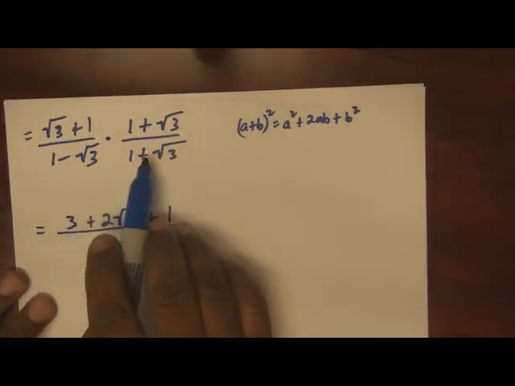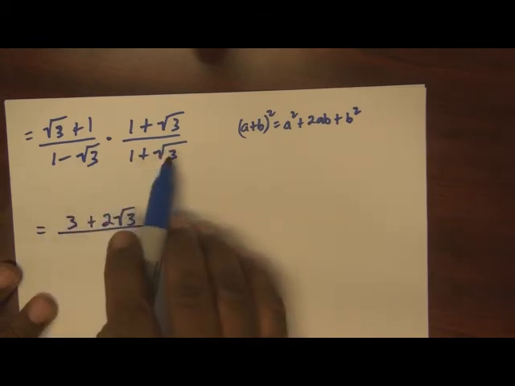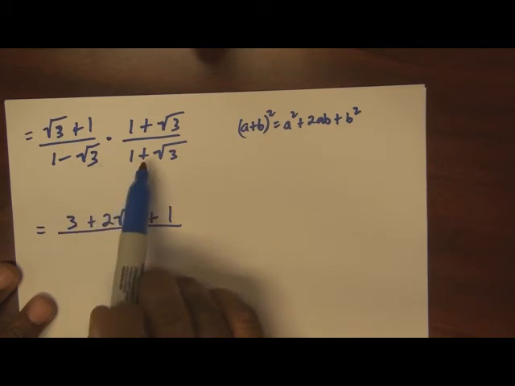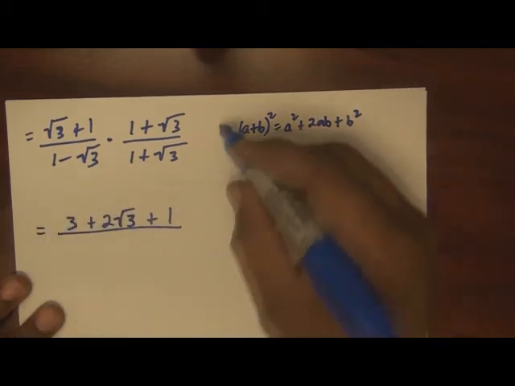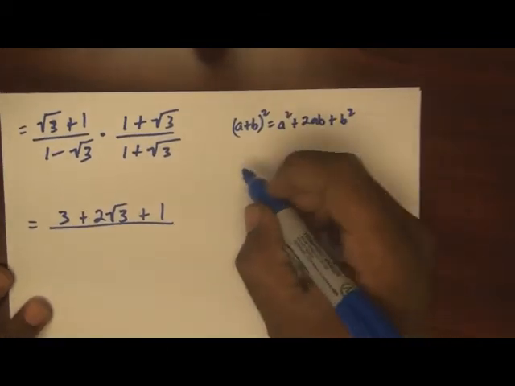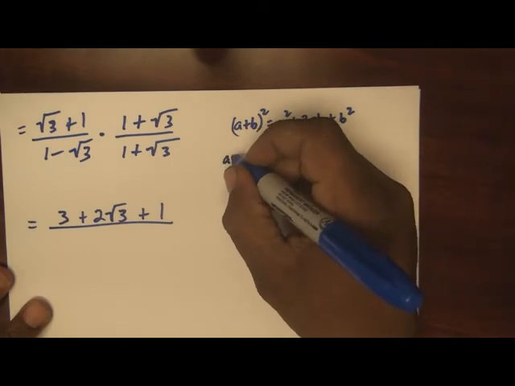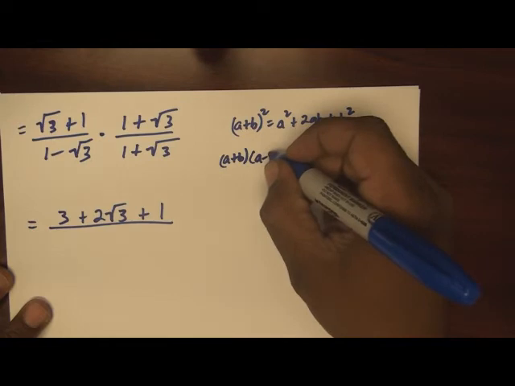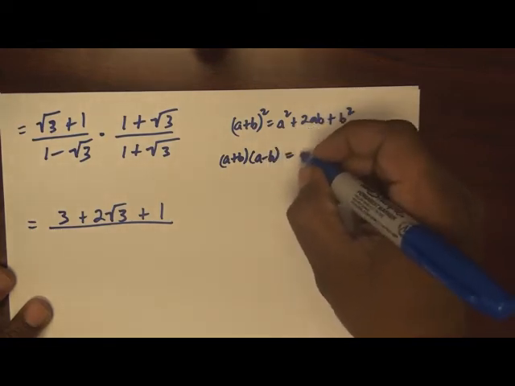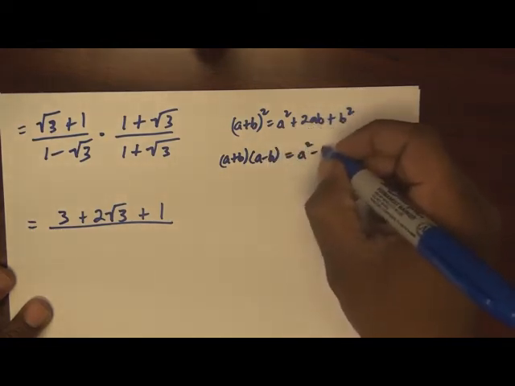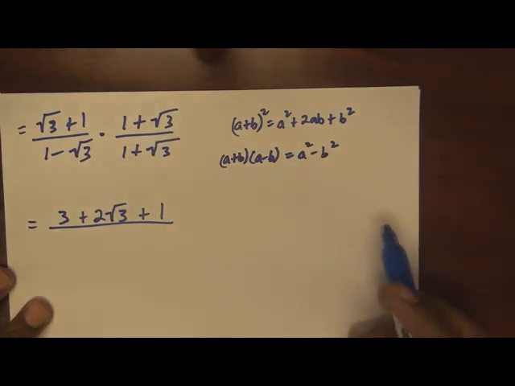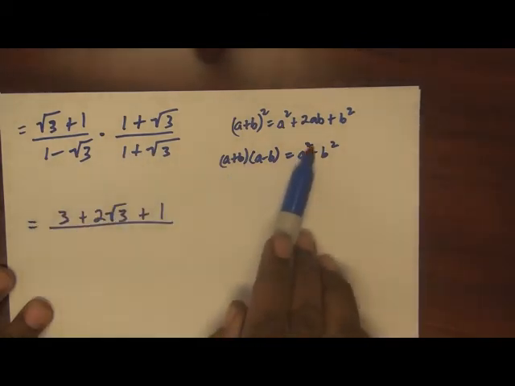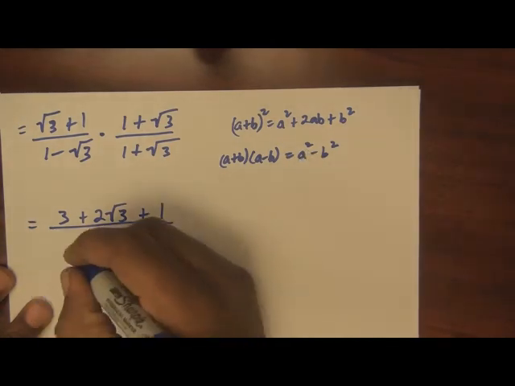In the denominators, you can also FOIL out the denominators, but you should also recognize this as a sum and difference of squares. The sum and difference of squares formula states that a plus b times a minus b is a squared minus b squared. So if we look at our sum or difference, a is 1, so if I square 1, I get 1.